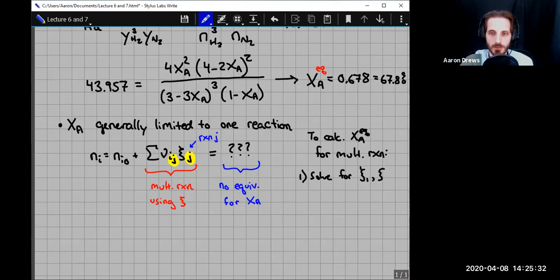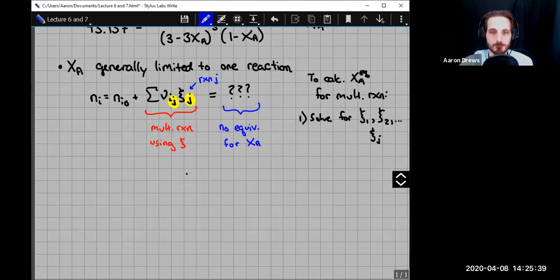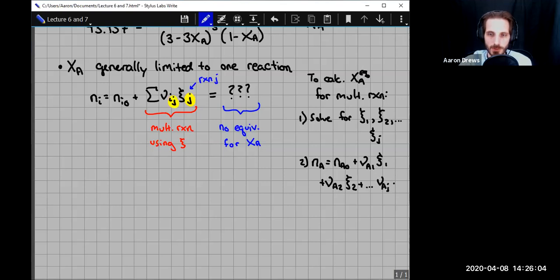So you get squiggle 1, squiggle 2, all the way up to the last squiggle, which is squiggle J. And then you would use this formula that I've got right here, which is n sub A is equal to n sub A0 plus the stoichiometric coefficient of A in reaction 1 times extent 1, plus the stoichiometric coefficient of A in reaction 2 times extent 2, all the way up to the stoichiometric coefficient of A in reaction J times its extent.